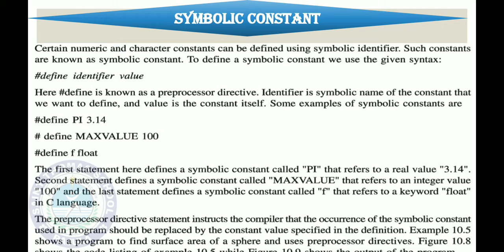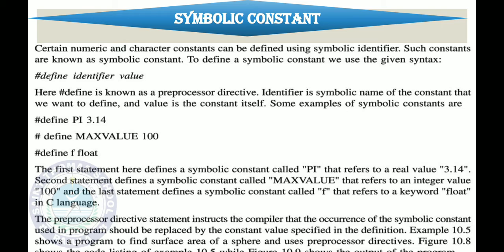So some examples of symbolic constants are here. Hash define is what? Preprocessor directive. Pi is our identifier or the symbolic name, the name to which we want to give the constant value. So pi is my identifier and the constant value of pi is 3.14. In the same way, hash define preprocessor directive, max value, and the maximum value is 100.